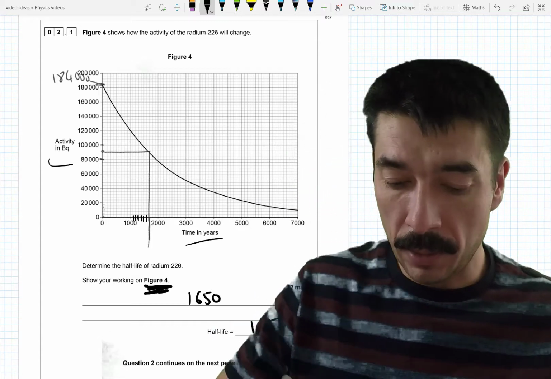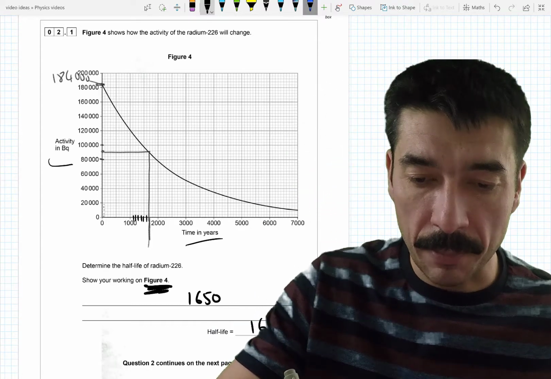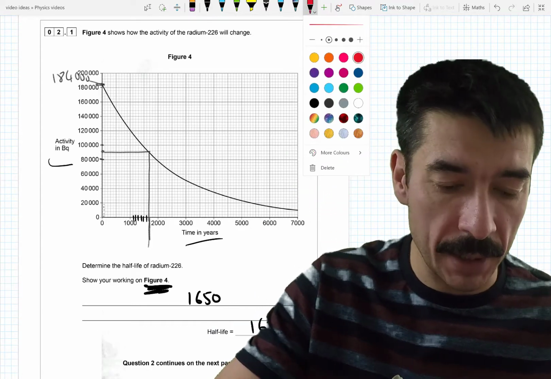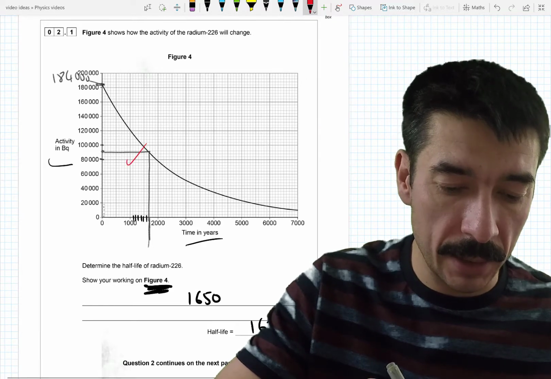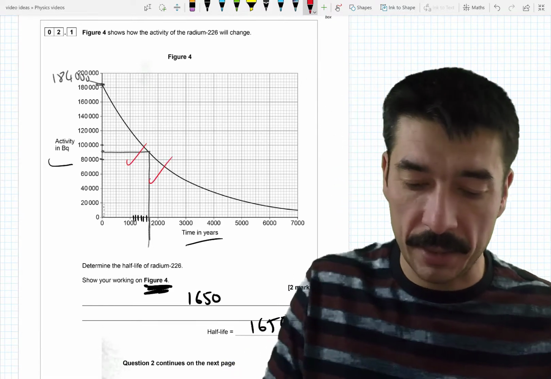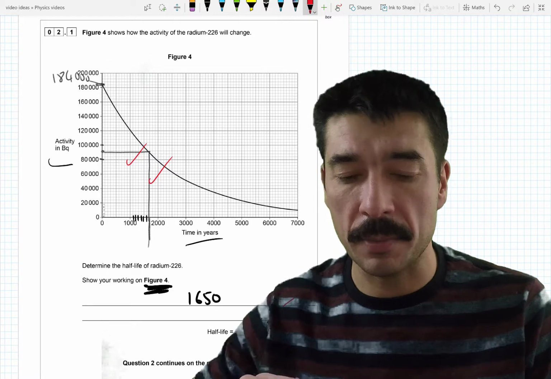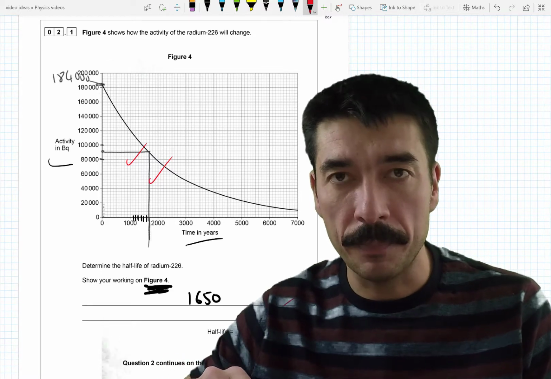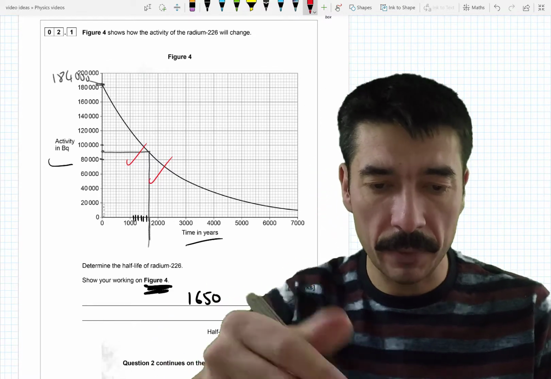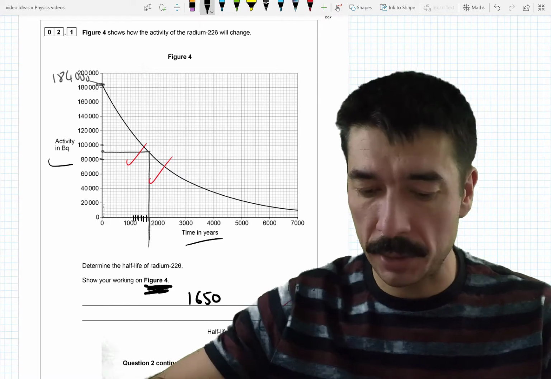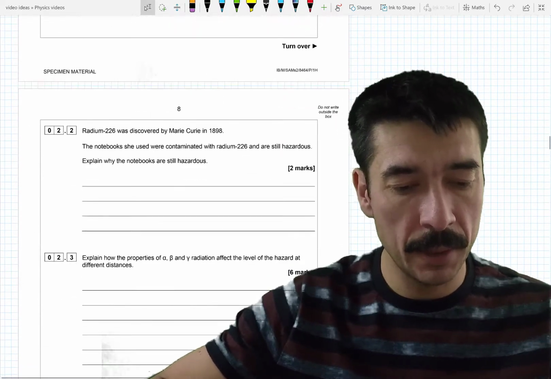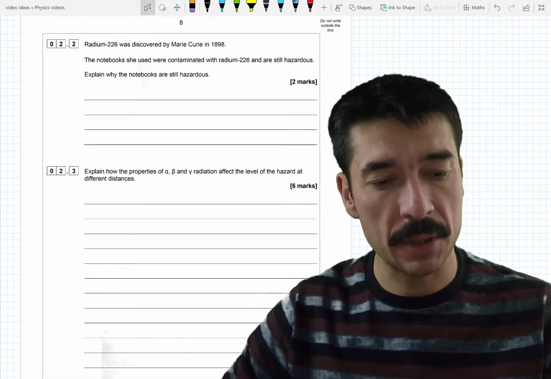Right, so for the marking of this, I would imagine you get marks for showing these on the graph, and then the correct answer with a little bit of leeway, plus or minus some values, because reading off a graph is quite hard to do perfectly accurately. Okay, so let's have a look at the next question.